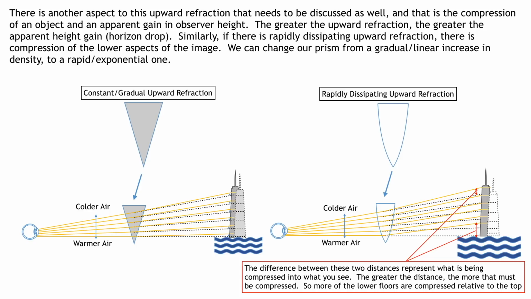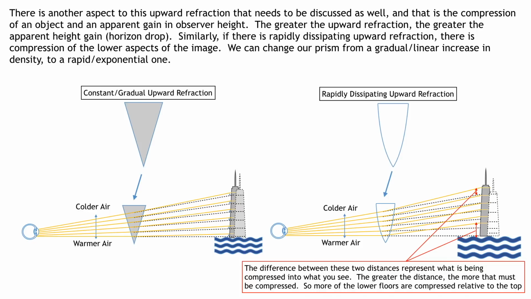So what ends up happening is the light is bent a lot more at the bottom of this kind of prism than it is at the top. And so the effect is that you see something like what happens on the lower right, where the light that you straighten out with your eye, that dotted line, is traveling a lot more than the light higher up along the building.